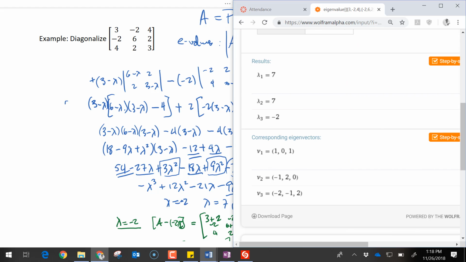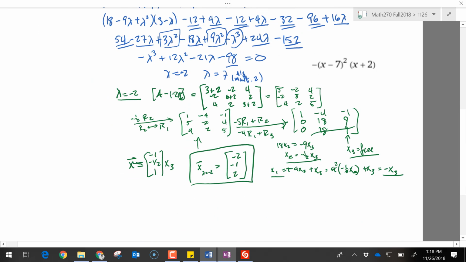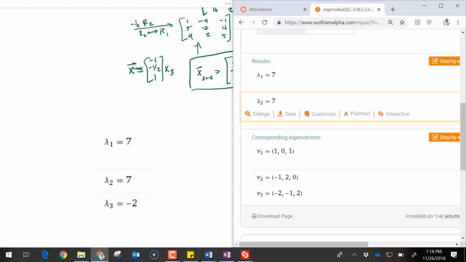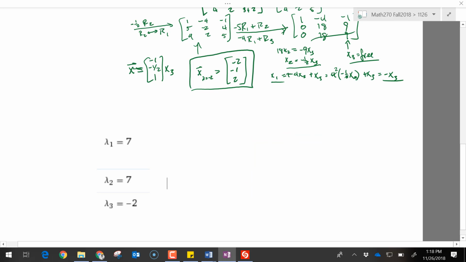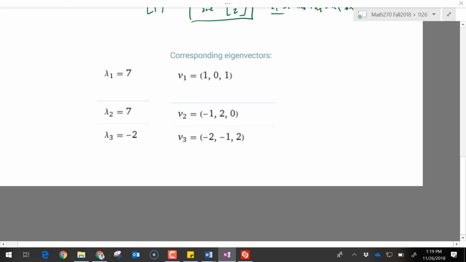So, all right. We got the same numbers, fortunately. We got the same eigenvalue that they got.